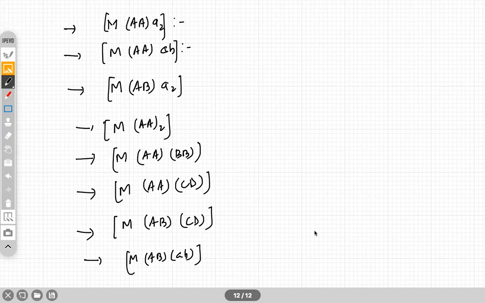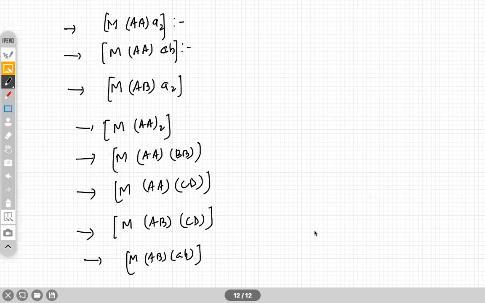But in coordination number 4, according to the hybridization we have, you will get the geometry. If it is square planar, you will get dsp2 hybridization. Yes, sir, I understood that.